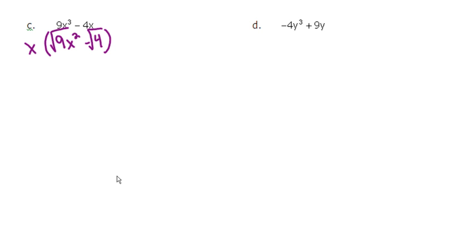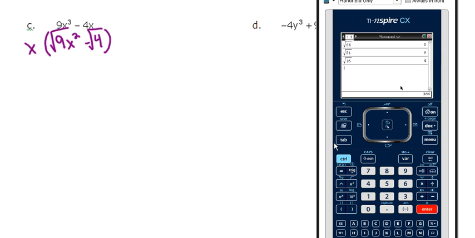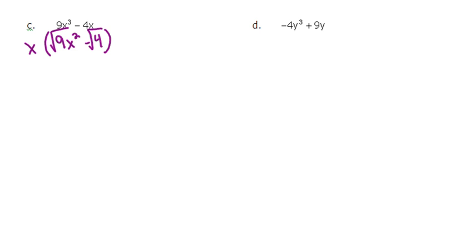So again, if you're not sure if they're perfect squares, use your calculator. The square root of 9 comes out to be 3, so that's a perfect square, right? The square root of 4 comes out to be 2, so that's a perfect square. So this would be 3x, the square root of x squared is x. This would be 2.